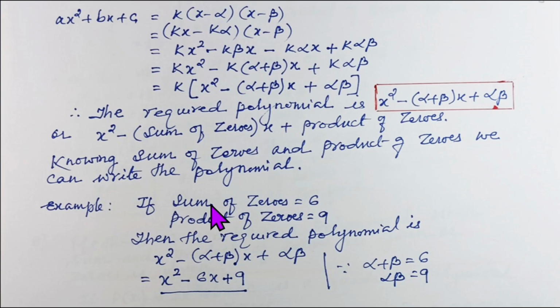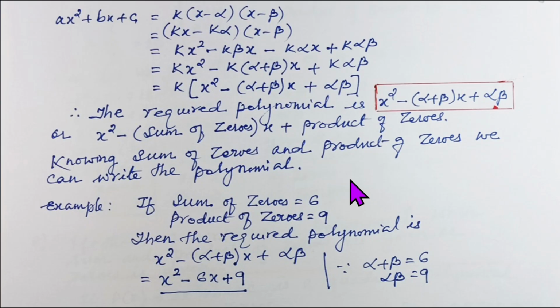Now for example, the sum of zeros is 6 and the product of zeros is 9. Use the relation x square minus alpha plus beta into x plus alpha beta. Alpha plus beta is 6 and alpha into beta is 9, and therefore the required polynomial is x square minus 6x plus 9. But be careful whether the zeros are given or the sum and product of zeros are given.